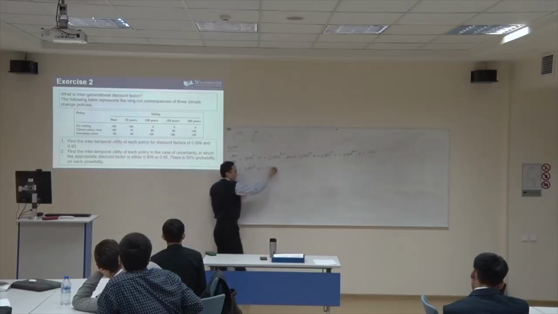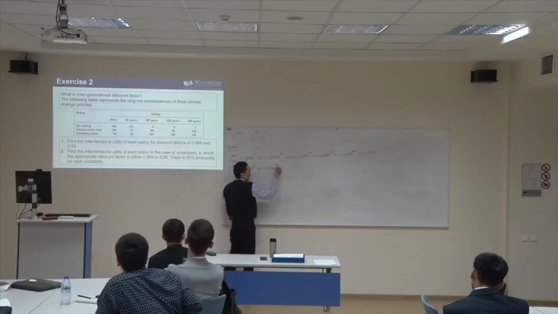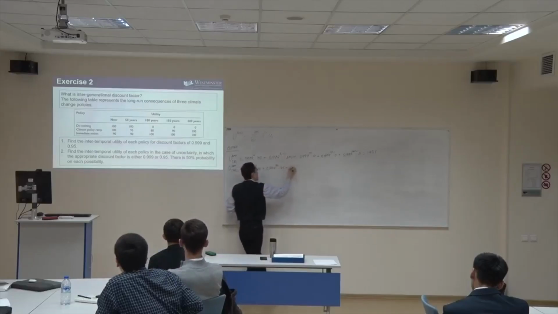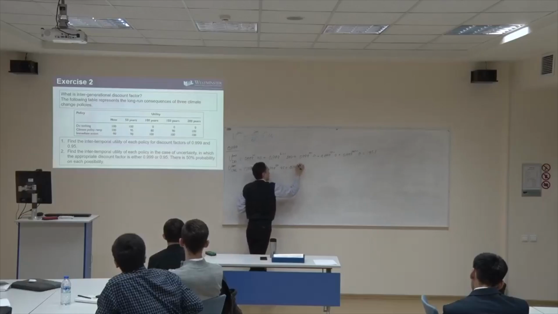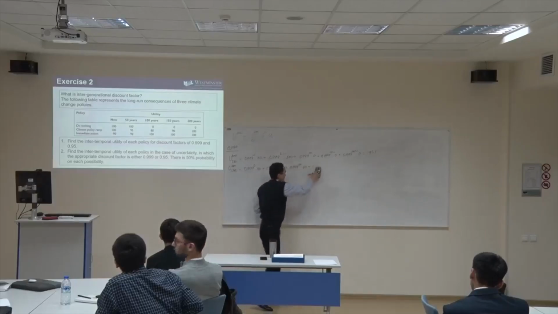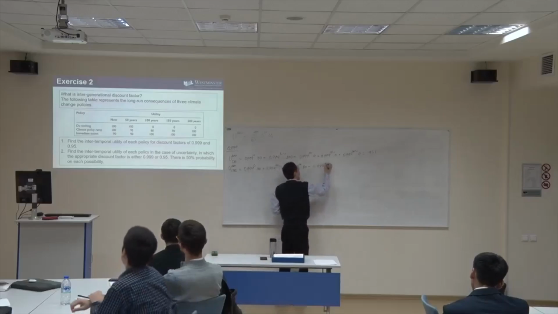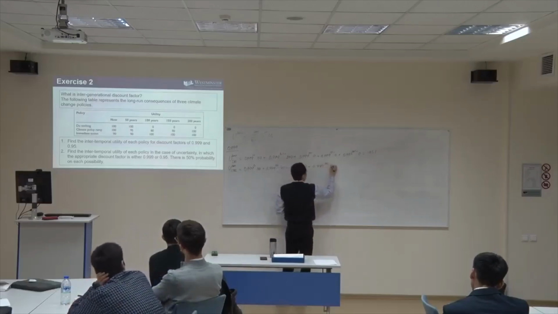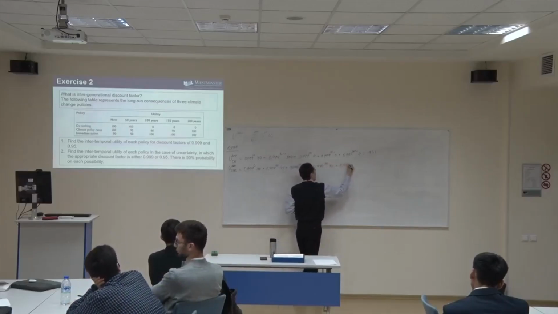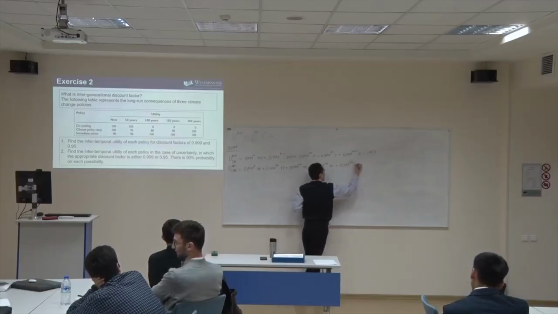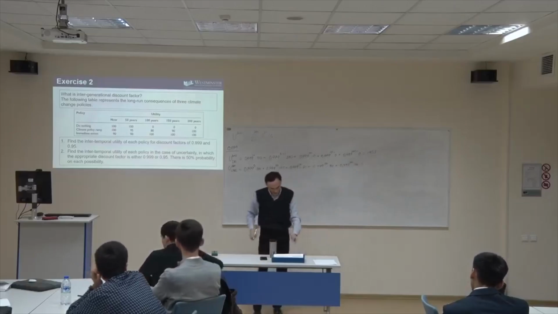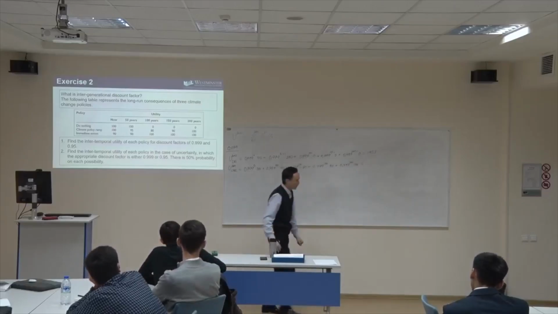Now it will be power of 50, times 95, plus 0.999 to the power of 100, times 80, plus 0.999 to the power of 150, times 90, plus 0.999 to the power of 200, times 100. If you find this number, it will give you a number equal to 422.1.